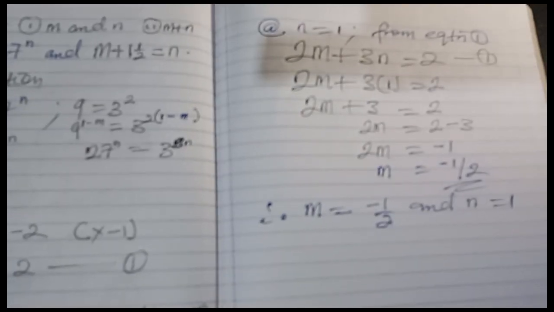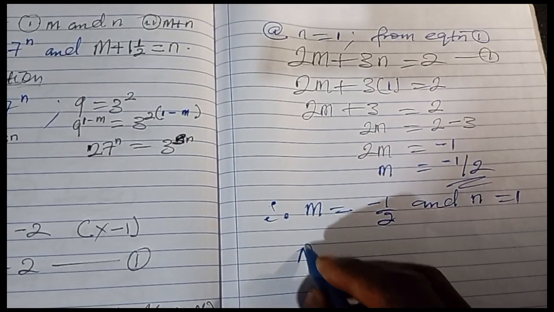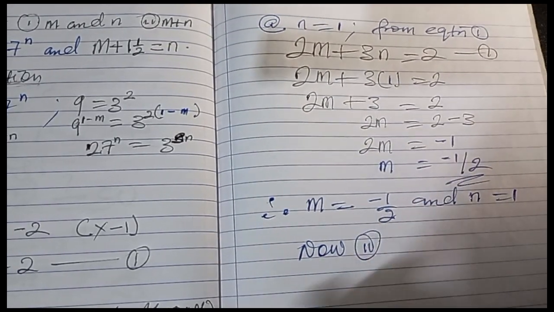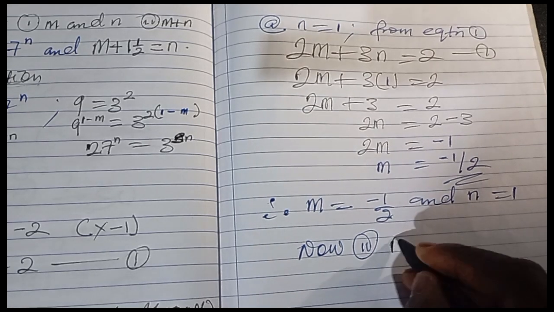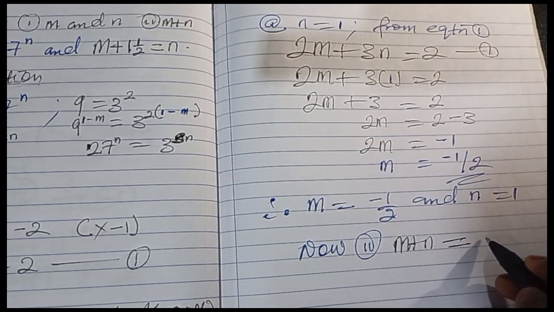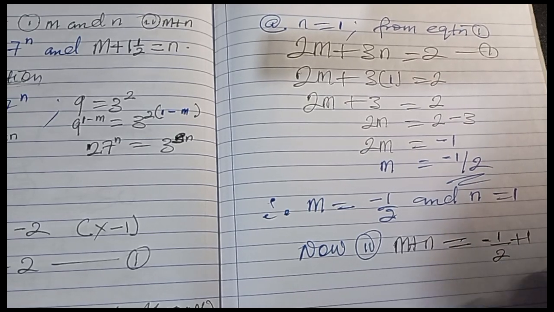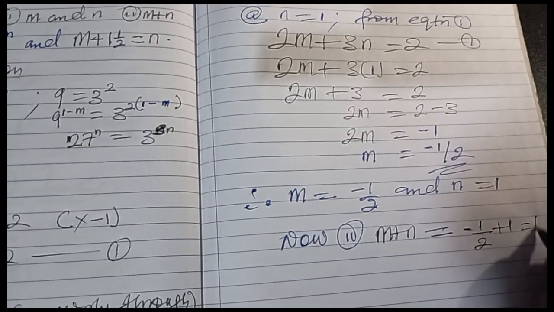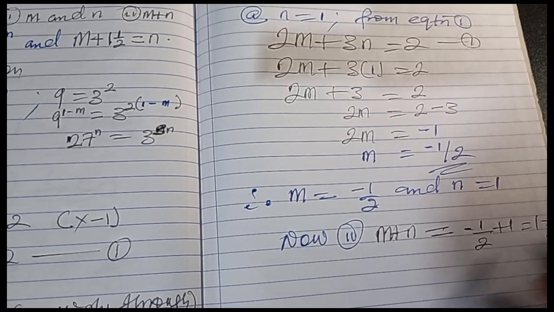Good. Now, we're given to find the value of m plus n. This will give us m is what? Minus 1 over 2 plus 1. This is same as 1 minus 1 over 2.